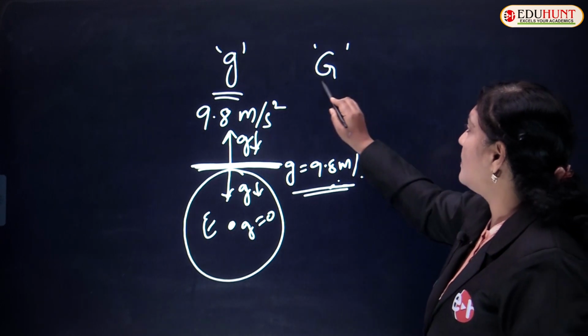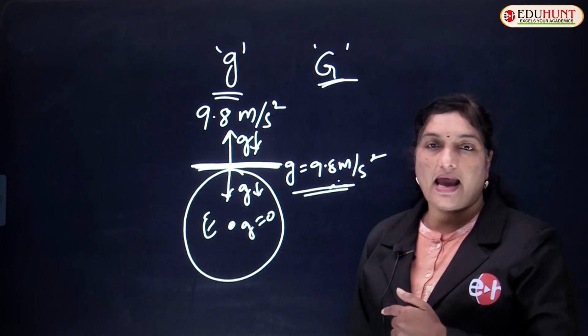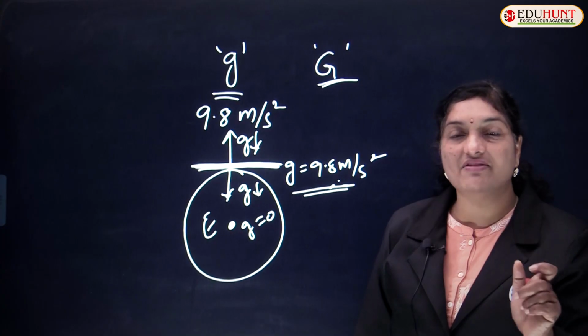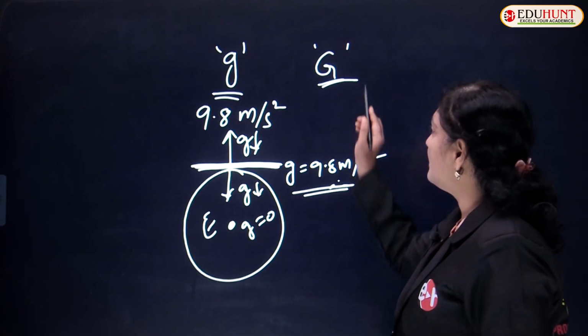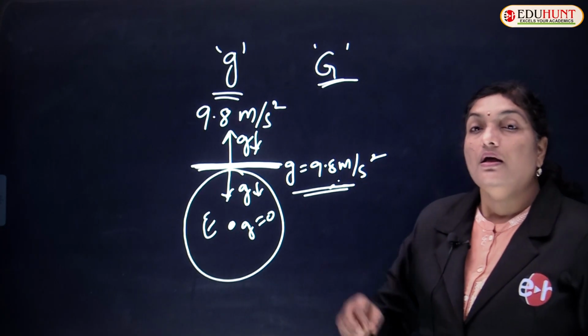Now, let us try to understand in detail the capital G, that is the universal gravitational constant. So, what is the universal gravitational constant, children?